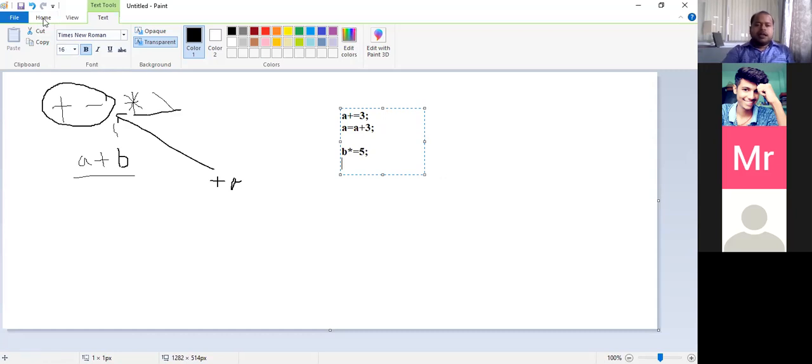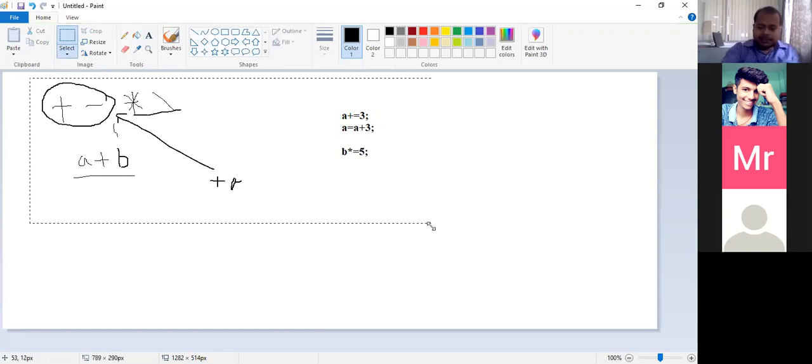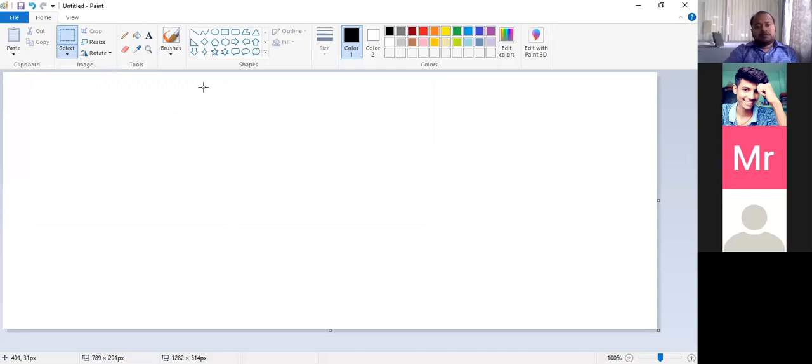Next, we are going to the increment and decrement operators. Please listen carefully, otherwise it is too tough. What symbols do we use for increment and decrement? Plus plus and minus minus.